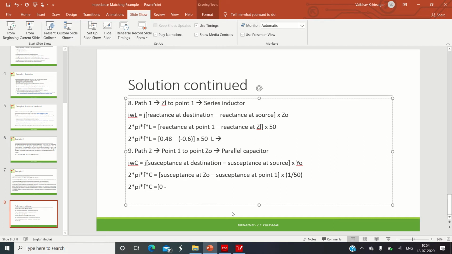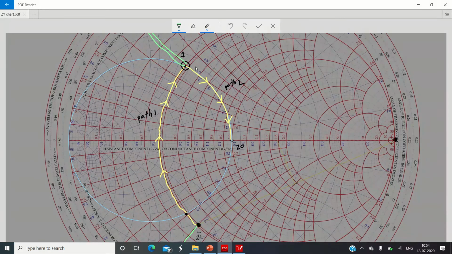As per the sign convention, the susceptance located in the upper half of the Smith chart is treated as negative, while the susceptance located in the lower half of the Smith chart is treated as positive. First of all, find where your point number 1 is located. Point number 1 is obviously located in the upper half, so whatever value of susceptance we read out, we take the negative value.